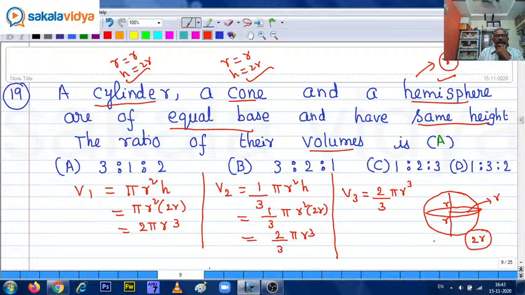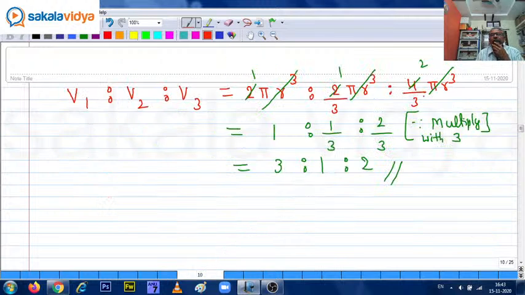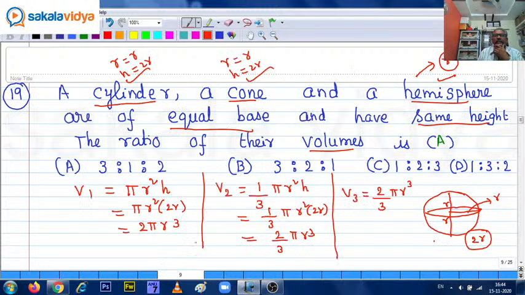So 2 by 3. 2 by 3 is also 1 by 3. So 3 is to 1 is to 1. 3 is to 1 is to 1 is not given. Just change it. Option A.